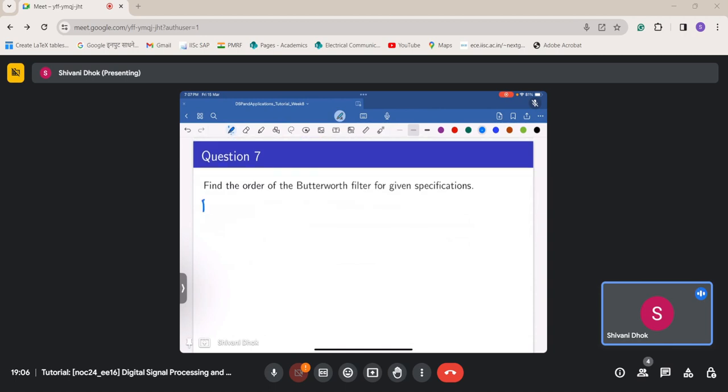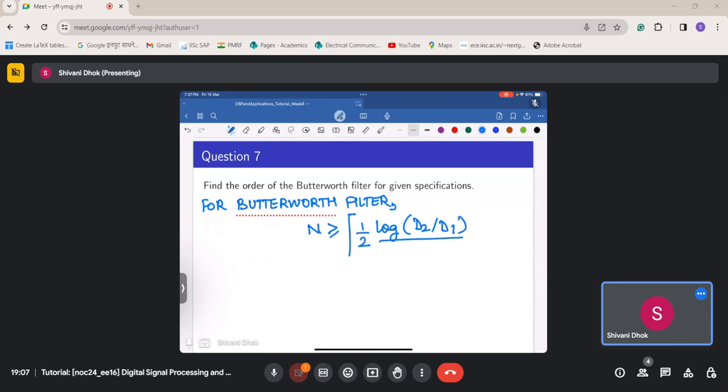So for Butterworth filter, the order n should be greater than or equal to ceiling of half into log of d2 by d1 upon log of omega s by omega p.